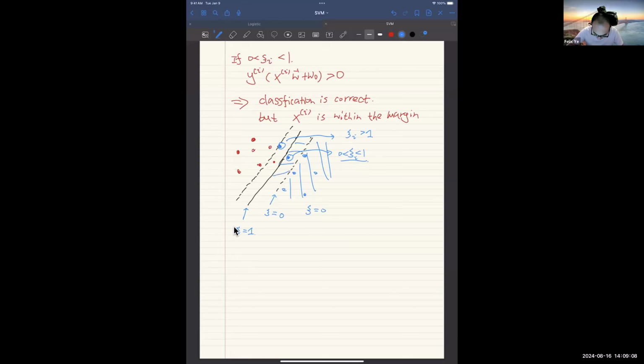Everything here will be c between 0 and 1. And everything here will be c bigger than 1. So these are the regions, gradually progressive. Okay, so as I said, if c is bigger than 1, these will be the cases where you have misclassifications.